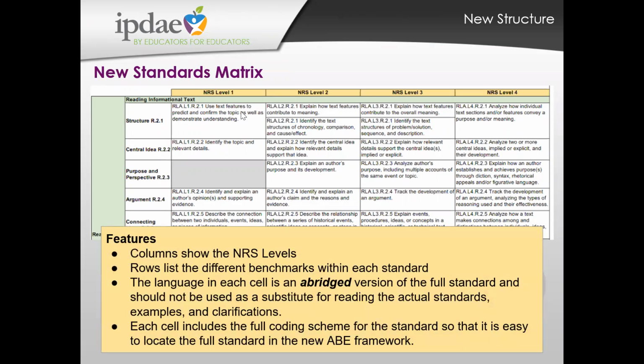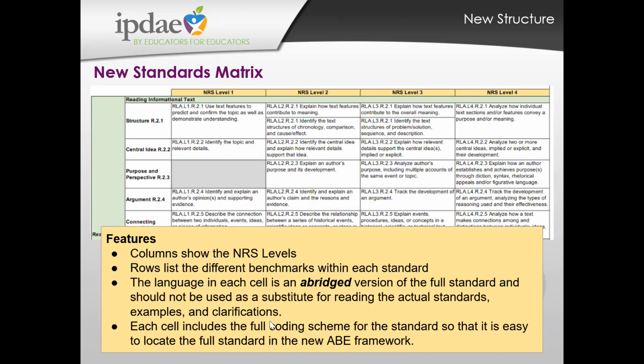A couple of other features here. As I mentioned, the columns up top show the NRS levels. The rows show every single benchmark, and they're organized by standard and strand. Note, however, that the language in each cell is an abridged version of the full standard. That was done to support brevity and to be able to see everything on one page.